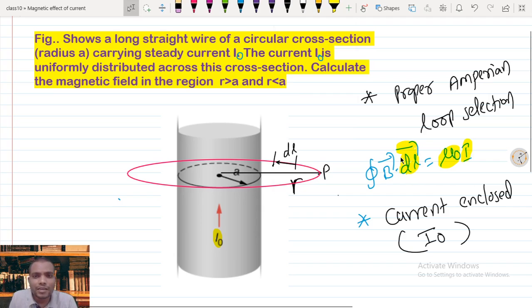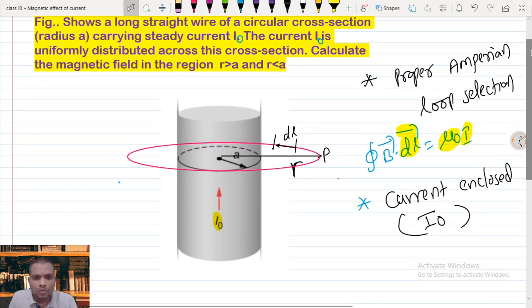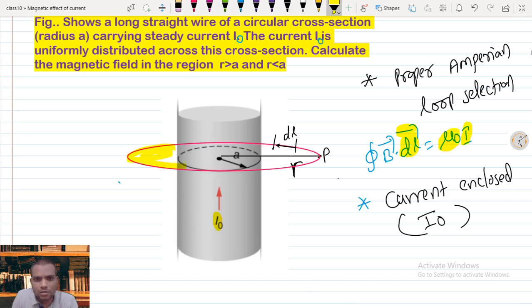Now if I do the integration over the total of that, the total is just like a circle of circumference 2 pi r, which I am going to highlight. So this is the total integration I need to do over my Amperian loop.